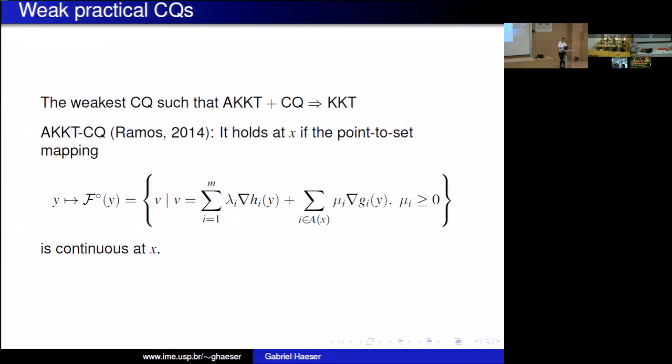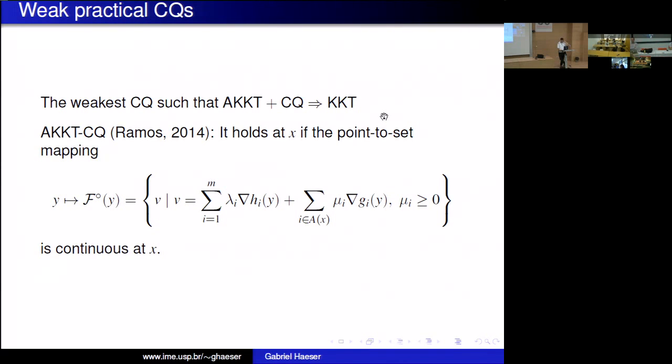So this is a very interesting result. It's still unpublished, but it should be published soon. And he also has a technique: for any sequential optimality condition that you have here, he's able to define the weakest possible constraint qualification that guarantees KKT points.